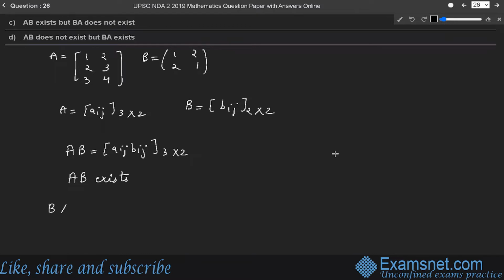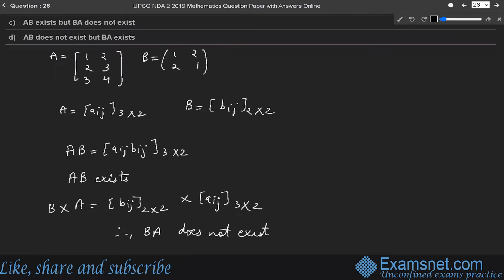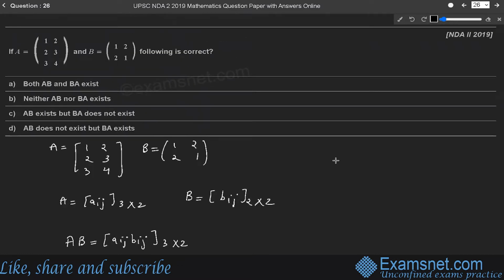Also, BA will be Bij, which is 2 cross 2, into Aij, which is 3 cross 2. Therefore, we can say that BA does not exist. So, only AB exists. Therefore, the correct option will be AB exists, but BA does not exist, which is option number C here. I hope this question is clear to you.